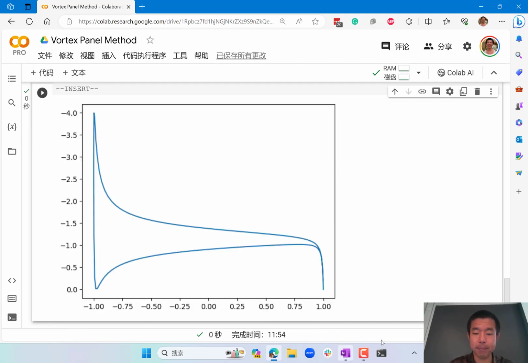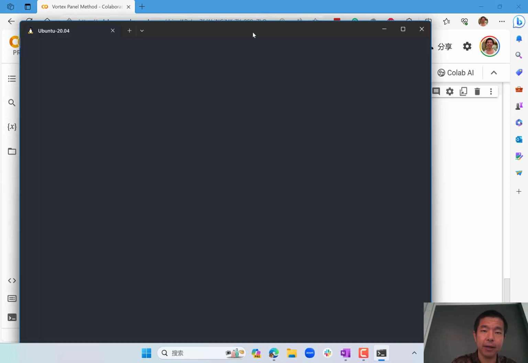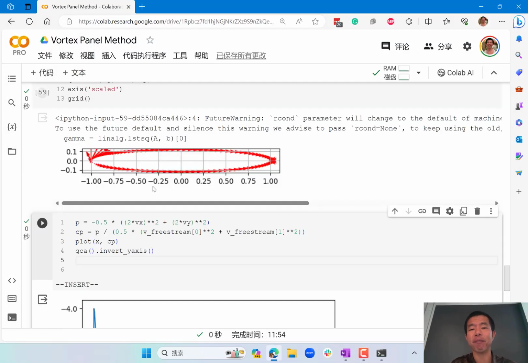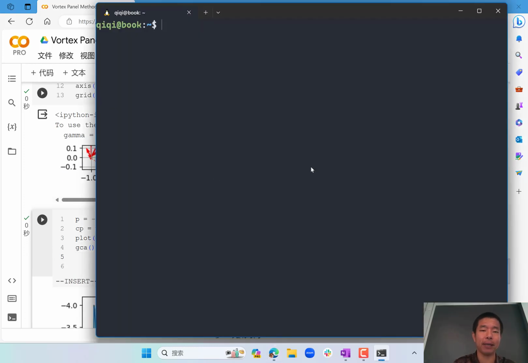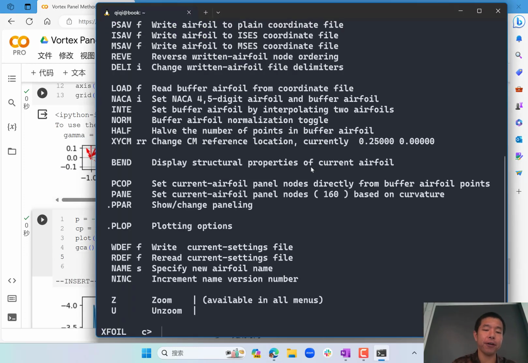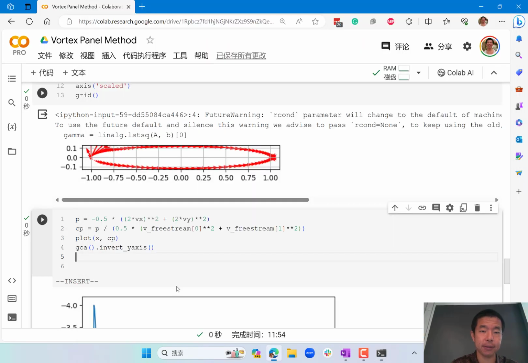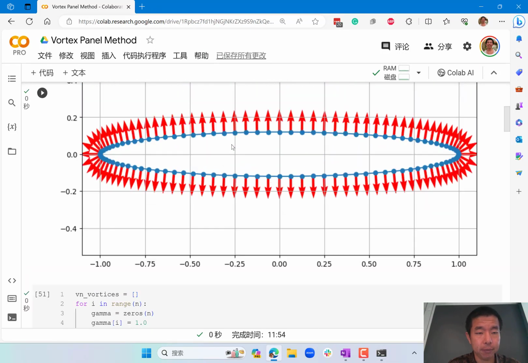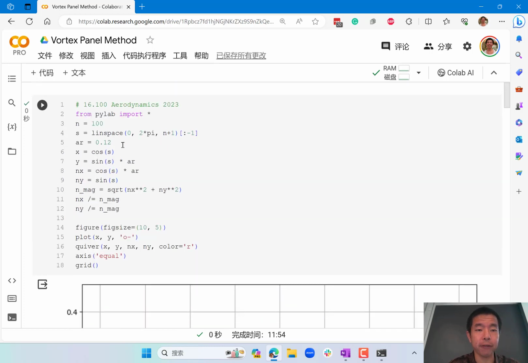Okay, so if we compare that with a calculation by X-foil, of course we don't have an ellipse in X-foil, but we can make an airfoil of a similar thickness. Right here we have a thickness of 12%.